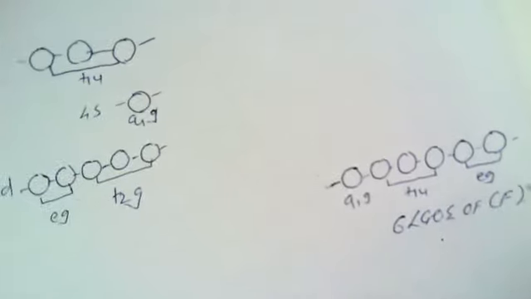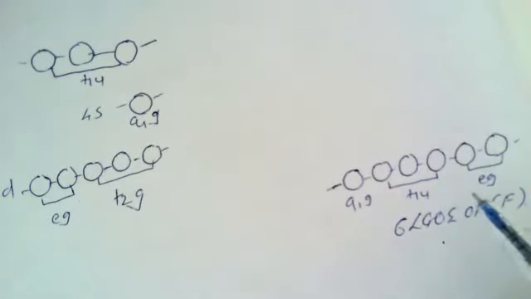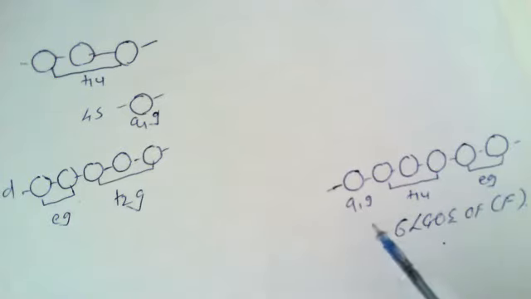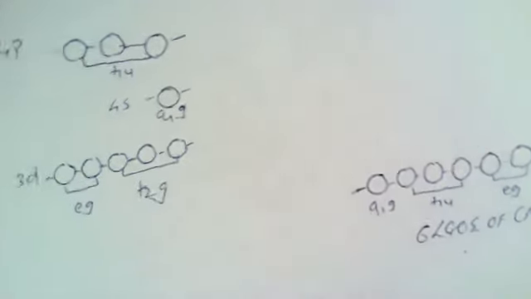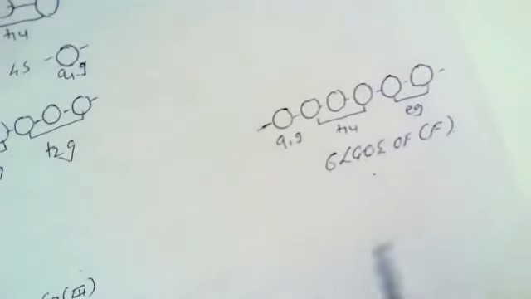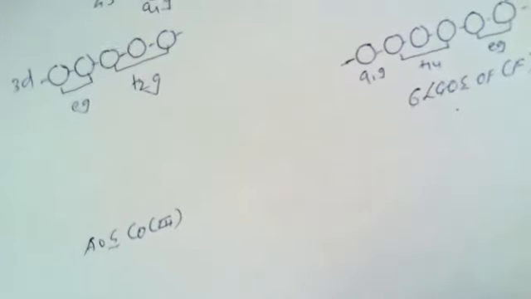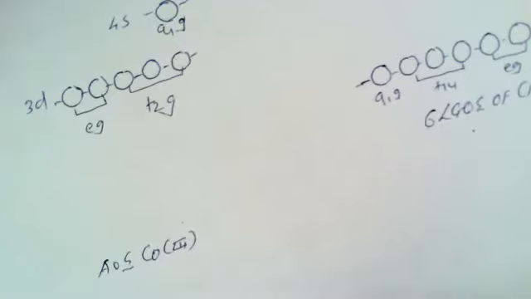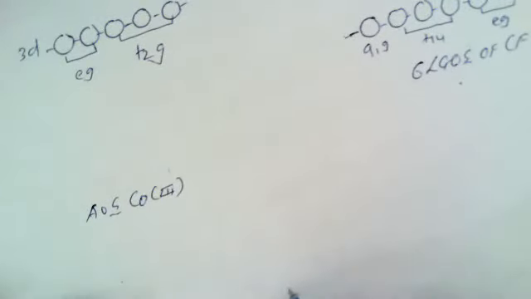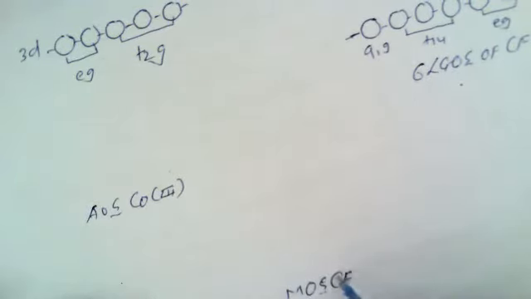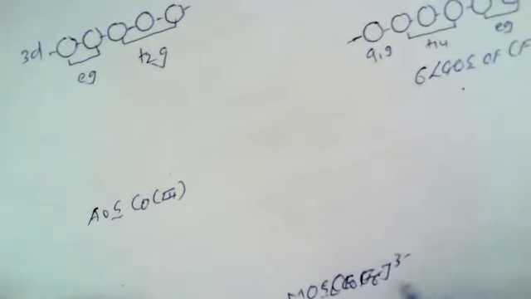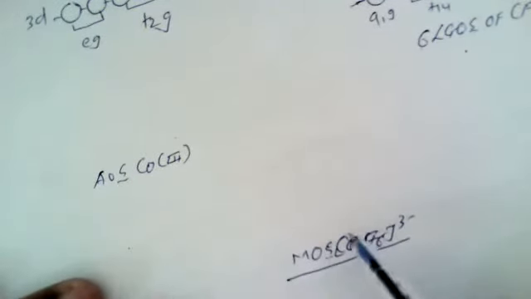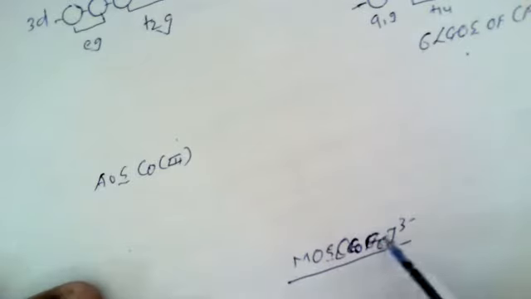So these are 6 orbitals which are having comparatively similar symmetry as those exhibited by metal orbitals, that is 3d, 4s and 4p. So these are the 6 LGOs of fluorine, and in the central part here we have to write the corresponding MOs of CoF6 3 minus.